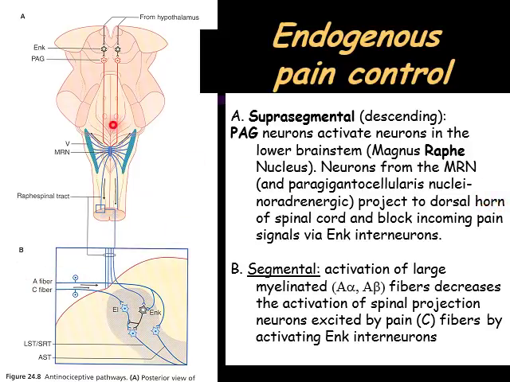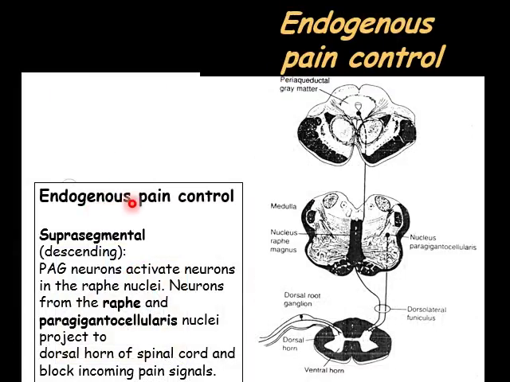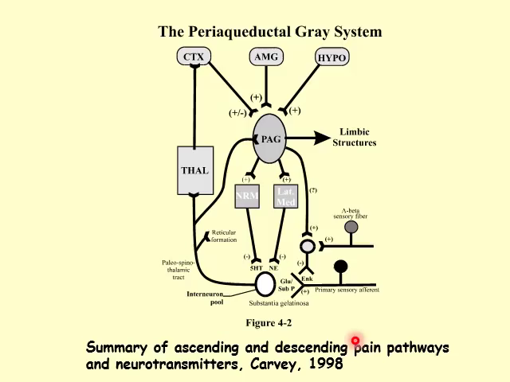And much of this input comes from the raphe nuclei in the midline of the brainstem. Those endogenous pathways are seen briefly here, coming down from the periaqueductal gray to the raphe nuclei, and also from the nucleus paragigantocellularis down to the dorsal gray to control afferent pain information.